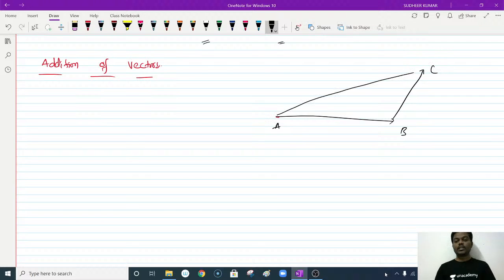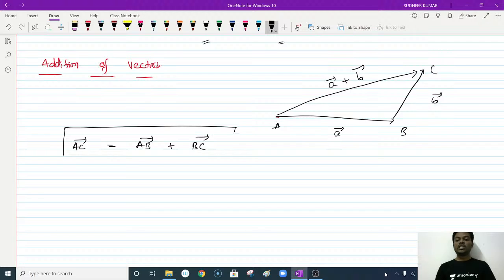If the resultant vector is AC, suppose we consider this as A bar and this as B bar. So the resultant vector is A bar plus B bar in this direction, right? So the vector AC equals the vector AB plus vector BC.